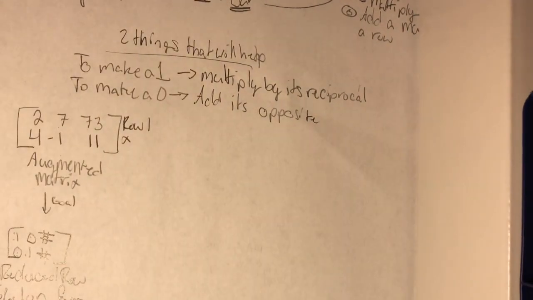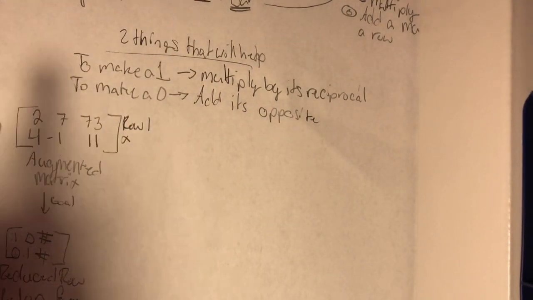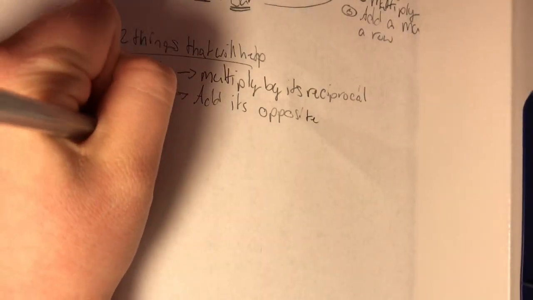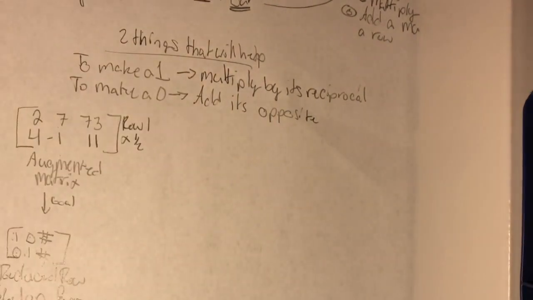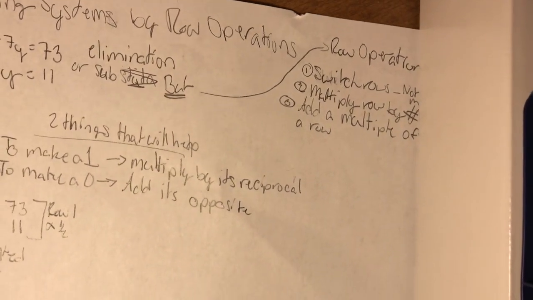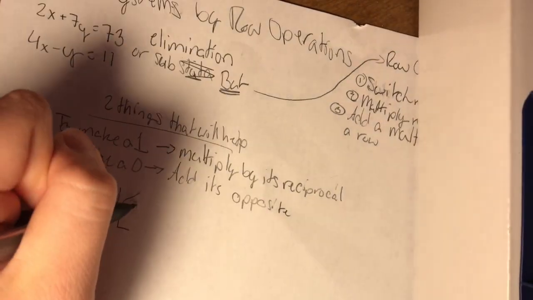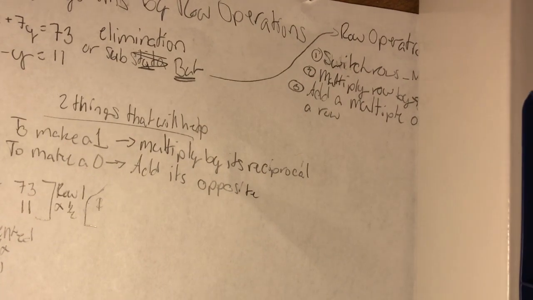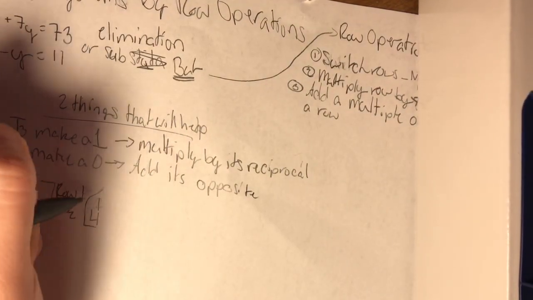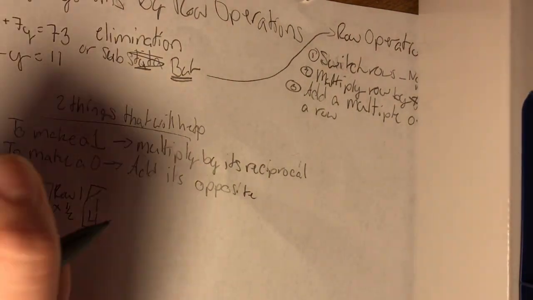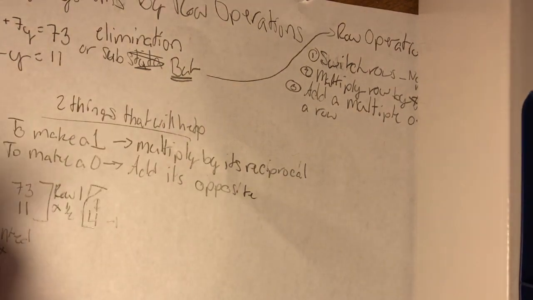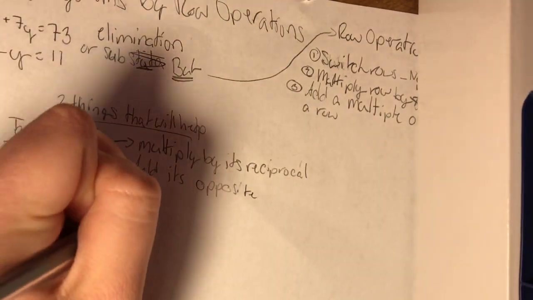times the reciprocal of 2, so that'd be 1/2. 2 times 1/2 is 1. You don't change the bottom. So 4, 1, negative 1, and then 11, that stays.